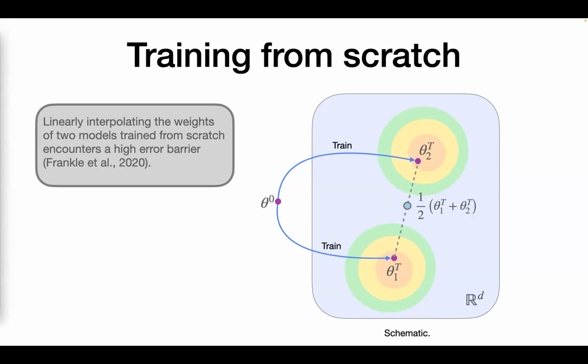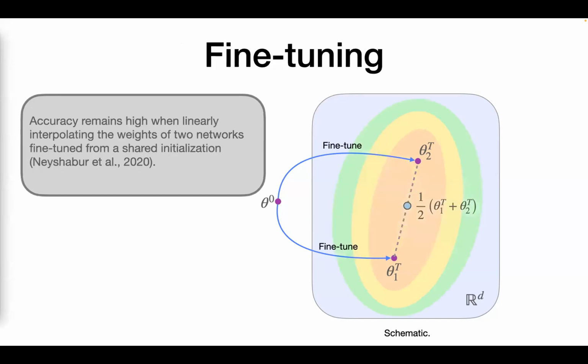You can't interpolate in a meaningful way. But if you instead start from a pre-trained model and then you fine-tune two times, prior work had already observed that this gives you good points in between. So there's no barrier once you start from the shared pre-trained initialization.